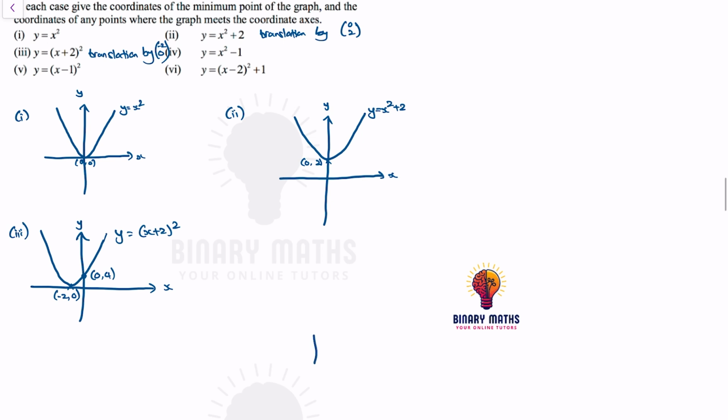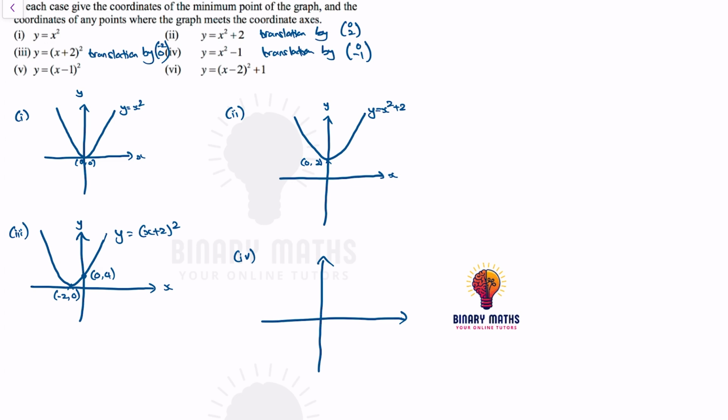Okay, next one. This is x squared minus 1, so it's a translation by 0 minus 1. It's outside the bracket, the y is affected, and the y coordinates decrease by 1, so subtract 1.